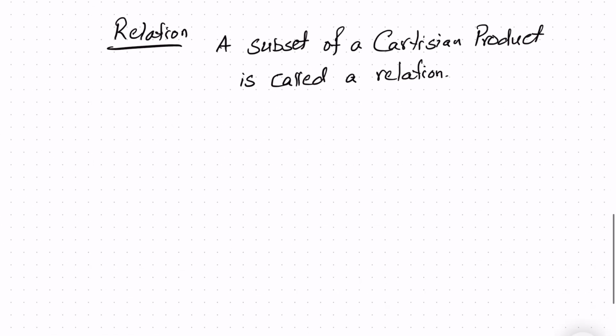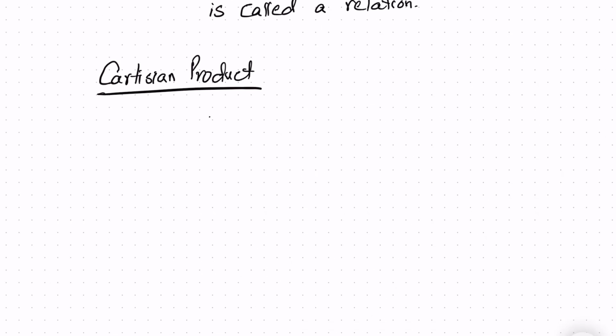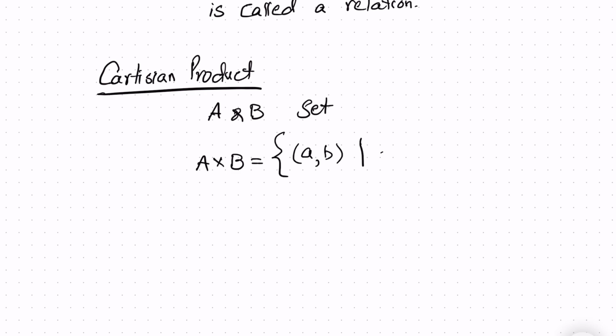Okay, so we go to the next definition, which says that, assume that we have two sets A and B. The Cartesian product of A and B is the collection of ordered pairs (a, b) such that the first element belongs to the first set and the second element belongs to the second set.